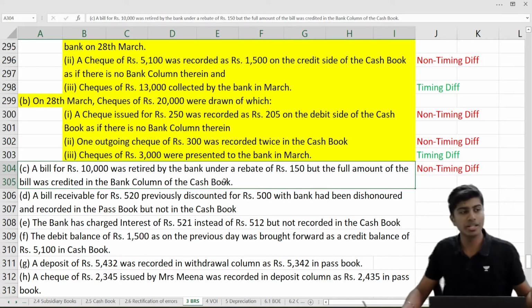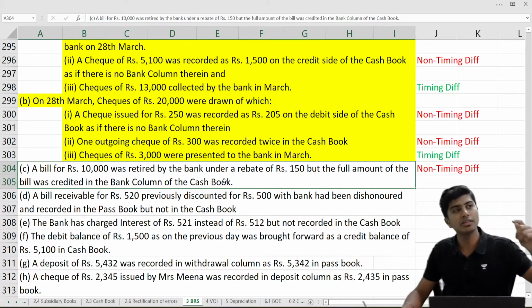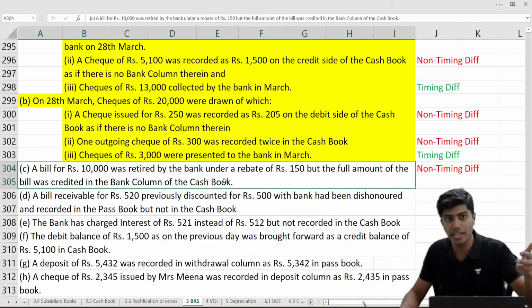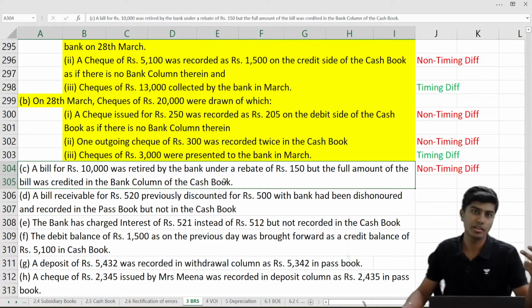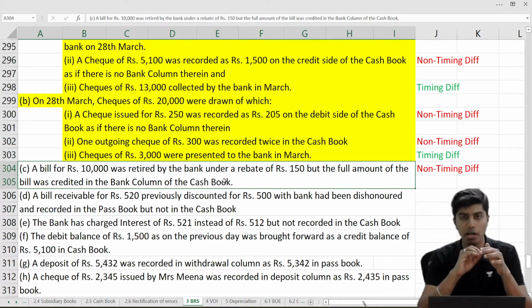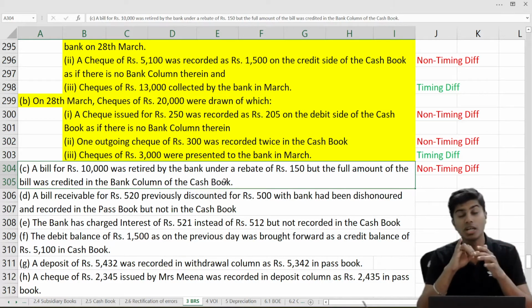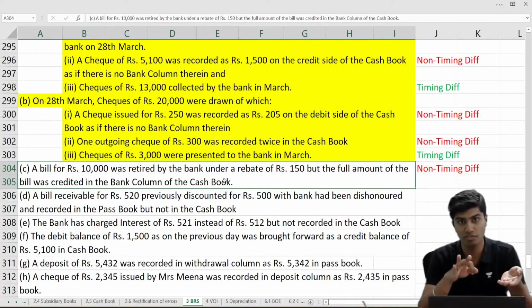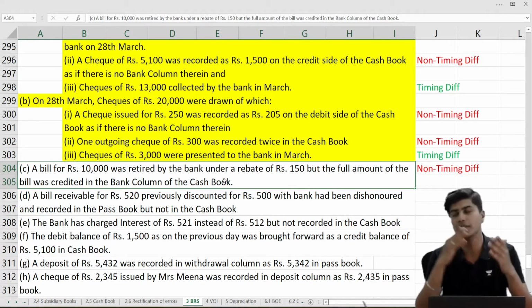But since it is the retirement date, instead of writing bills payable to cash, the correct entry is bills payable account debit 10,000, to discount or rebate account 150, to bank account 9,850. This is the correct entry. Instead of writing this, I have written bills payable to cash 10,000.